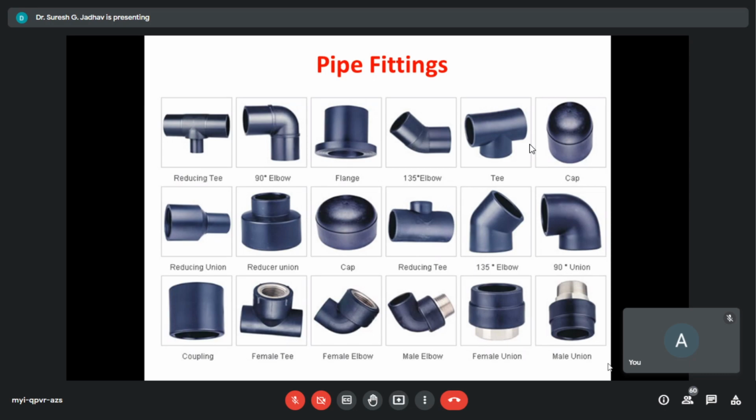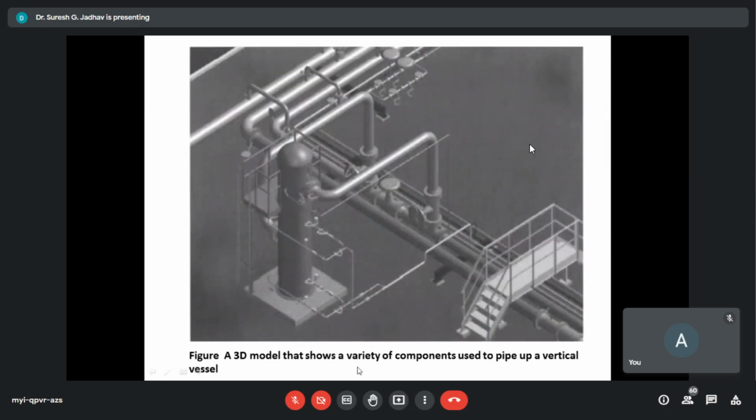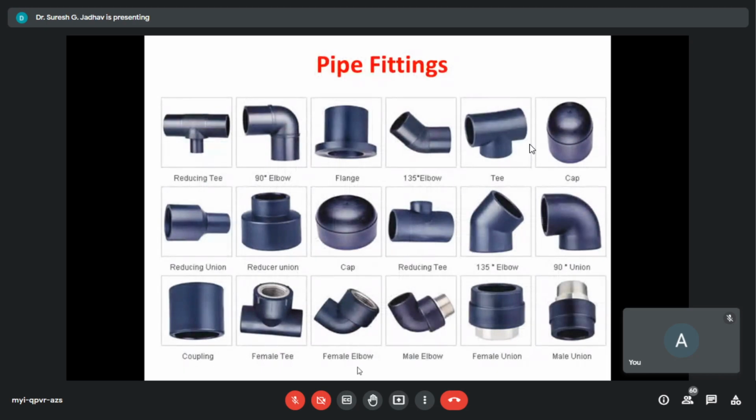Now the next component is T's and crosses. So here you can observe the T's, that is a reducing T. Next one is a T, and one more is a reducing T. Slightly their direction has been changed when we are considering reducing.